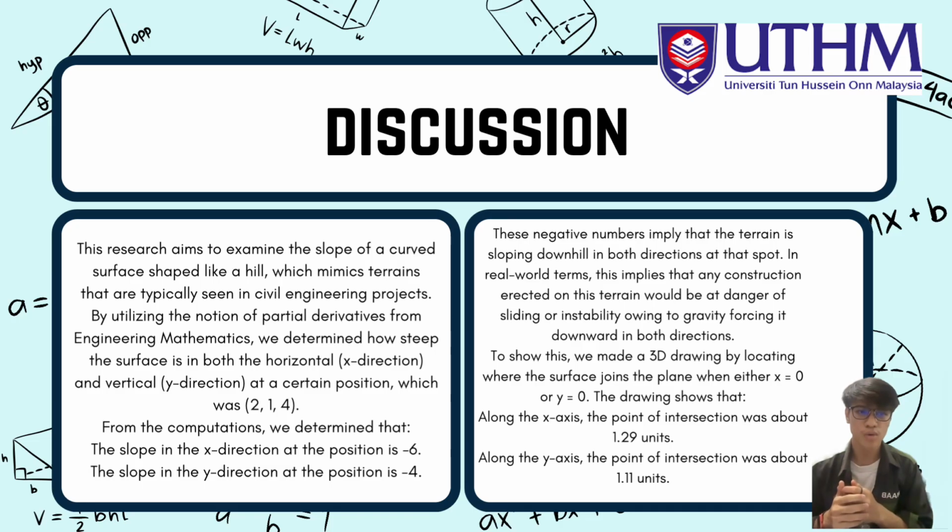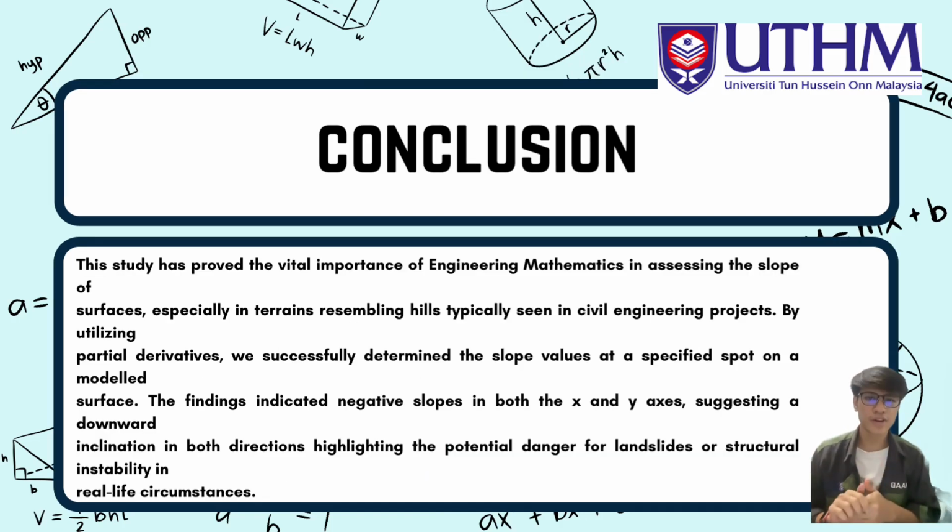and the y-axis at about 1.11 units. For the conclusion, this study shows how important engineering mathematics is for checking the slope of a surface, especially hill-like terrain in civil engineering projects. By using partial derivatives, we found the slope value at a specific point on a model surface.